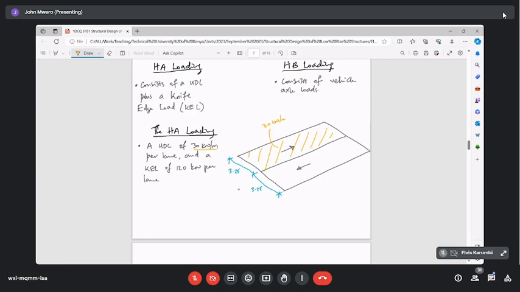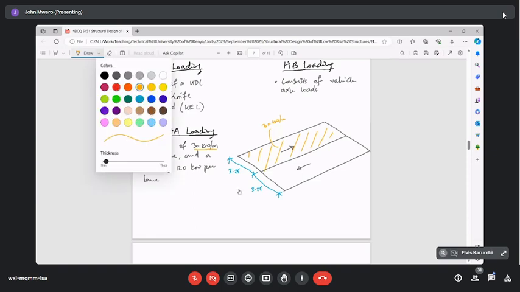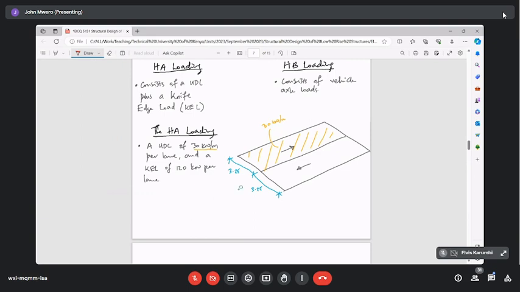Okay, and then you have a knife edge load, which is a line load. So I'm trying to draw a line load here. It's a load that is basically a line, a line load like that across the lane. Okay, and this is the knife edge load of value 120 kilonewtons.